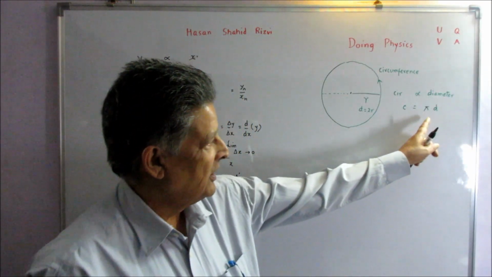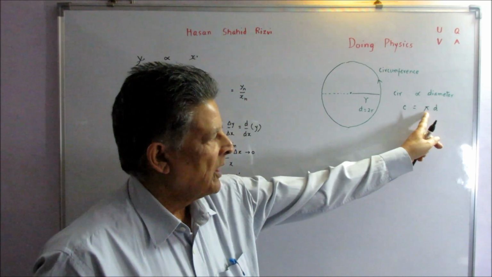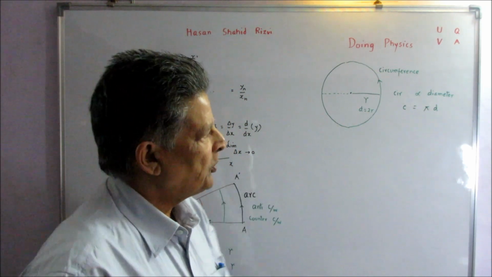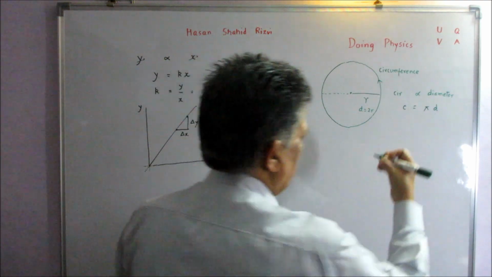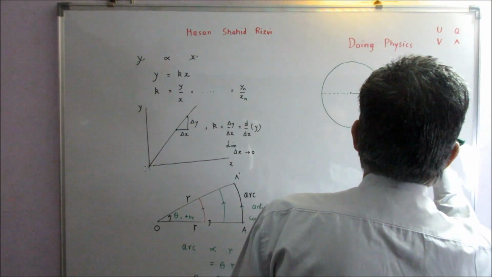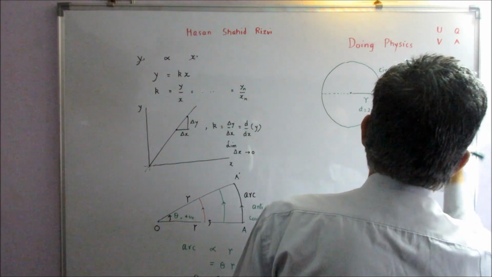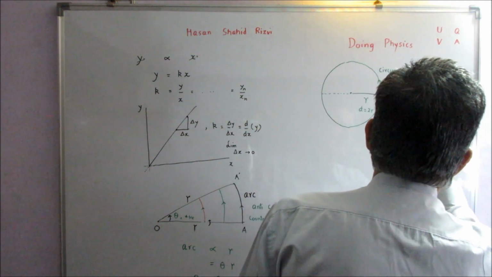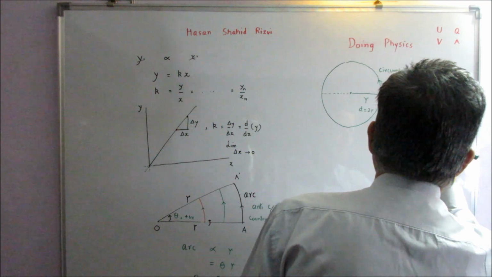And here I use the Greek term pi. So pi is independent of C and is independent of the diameter.